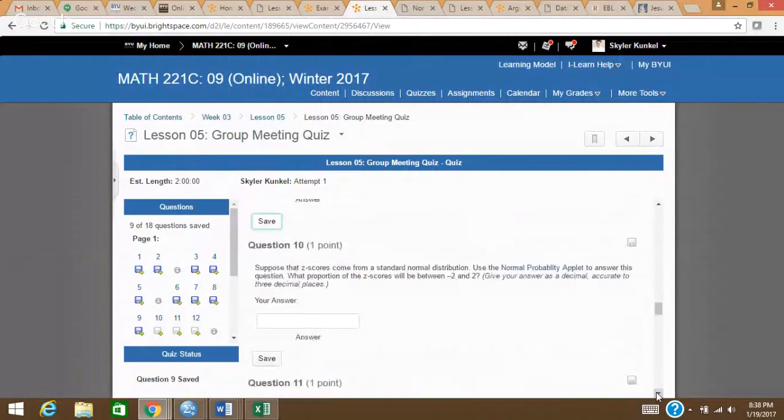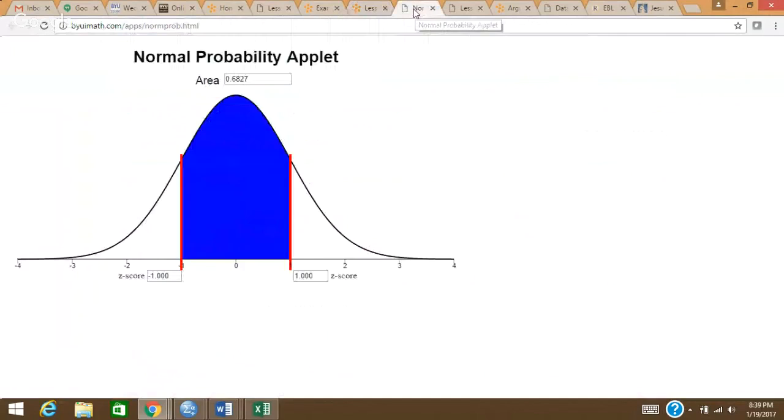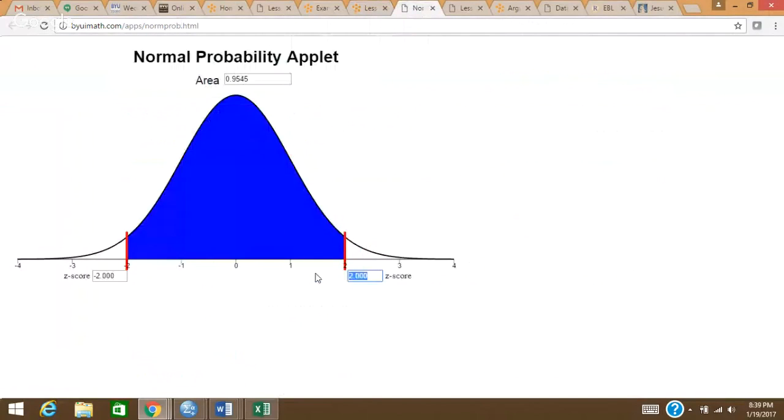Okay, number 10. Suppose that z-scores come from a standard normal distribution. Use the normal probability applet to answer this question. What proportion of the z-scores will be between -2 and 2? It's 95%, isn't it?